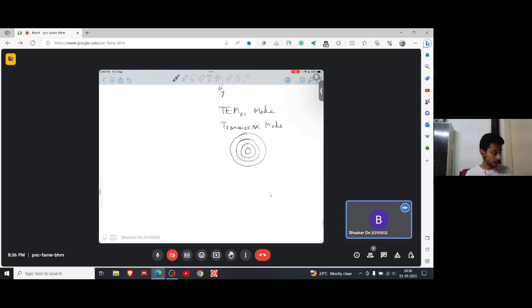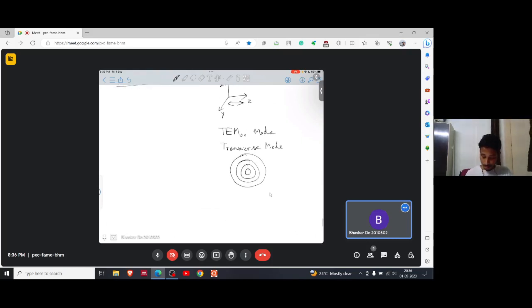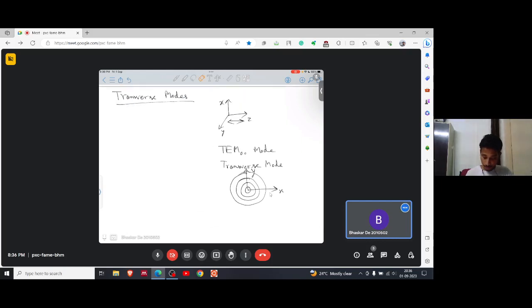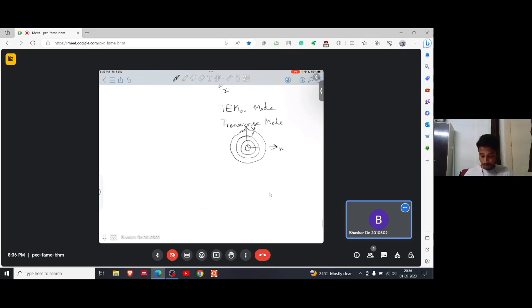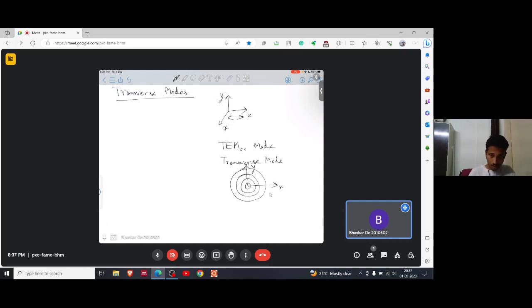Basically this spans like this. The calculation of this transverse mode is complicated, so I'll just write down the formula for this transverse mode, which is also not very easy, but anyway I'll just write it.